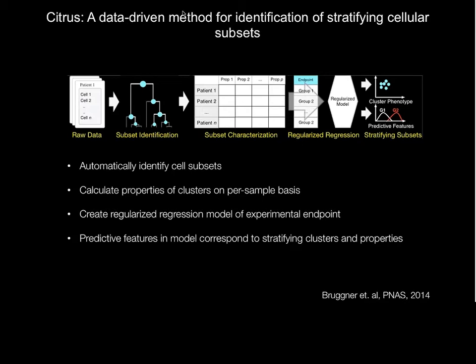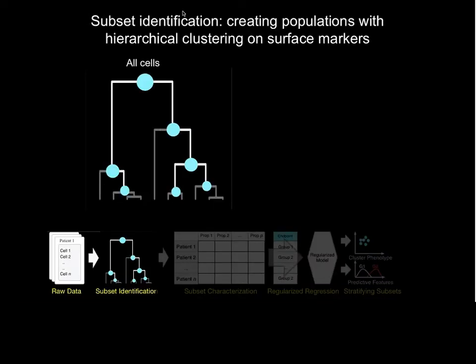And so I'll go through each of these steps and then be tying it into how we did it specifically for the surgery data. So first, with identifying our subsets, as Jeff said, we do hierarchical clustering.